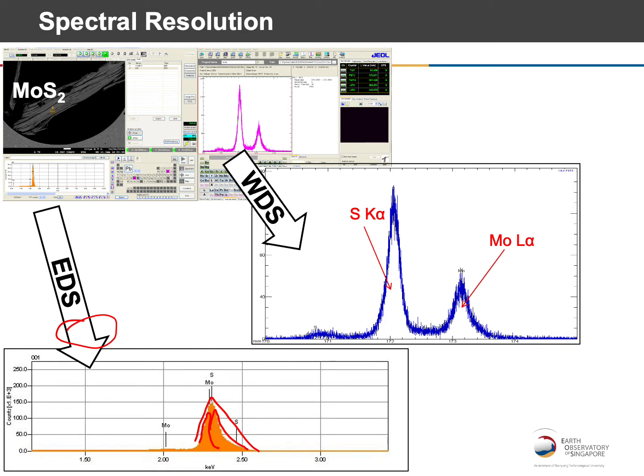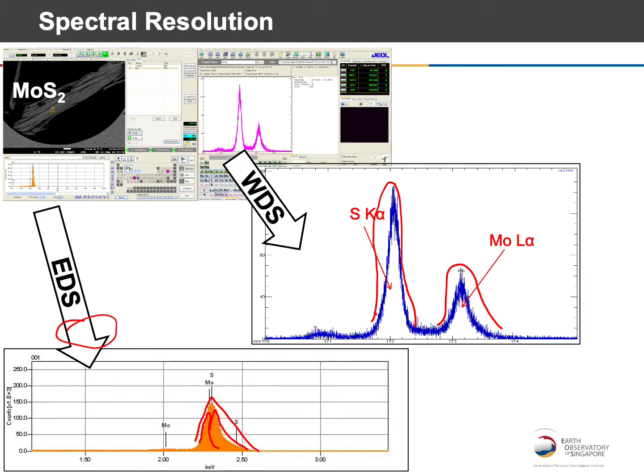On the other hand, in the WDS, we have quite a stringent diffraction angle because of the crystal diffraction, so WDS has much better wavelength resolution, and these two closely separated peaks can be resolved.